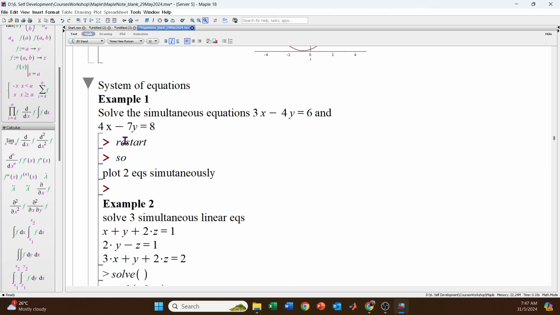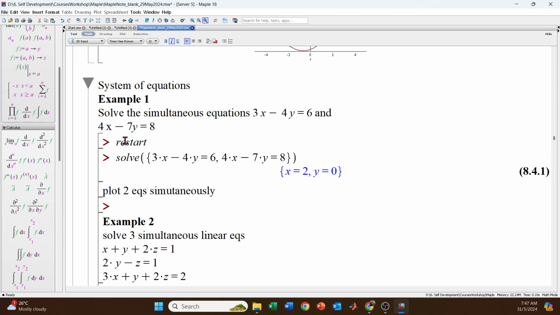I just call solve. 3 times x minus 4 times y equals 6, 4 times x minus 7 times y equal 8. And then you close the curly bracket, close the round bracket here. So it gives you x is 2, y is 0.